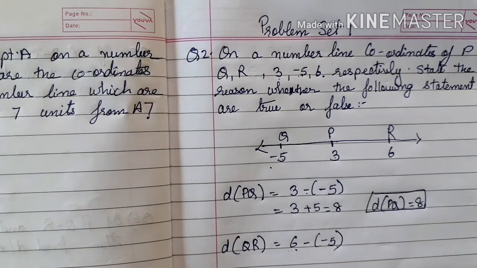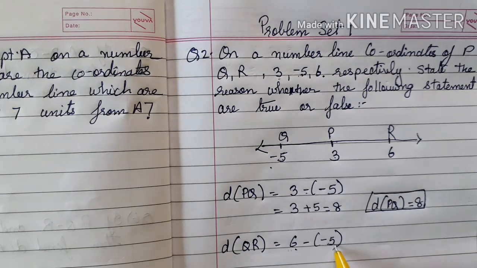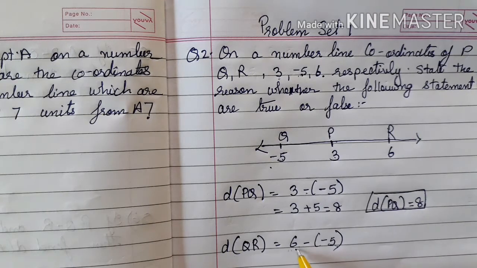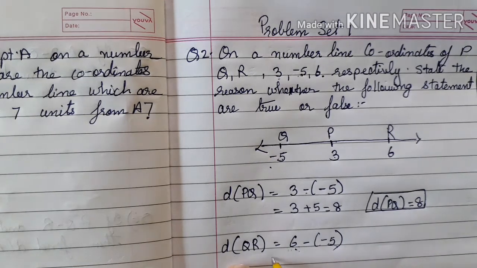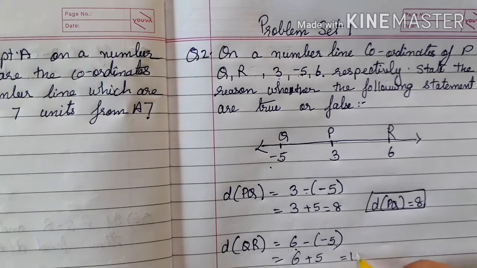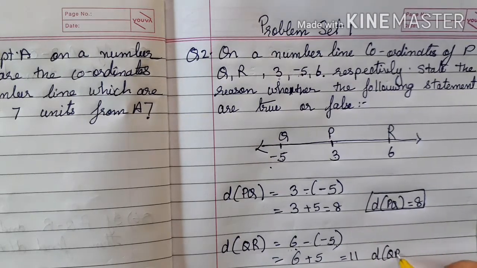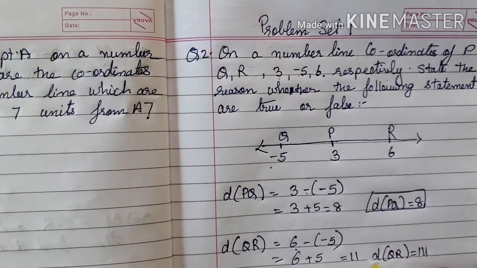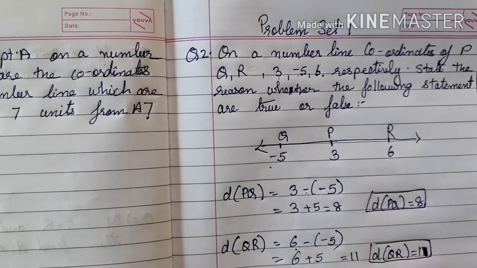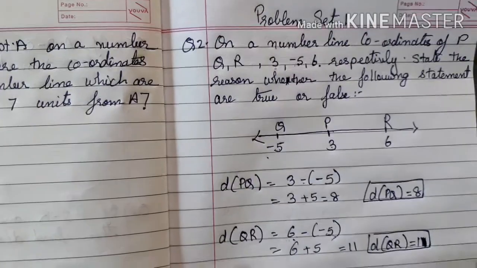Because 6 is greater than -5, so 6 will be coming in the first place. Got it? So minus and minus will give you plus. So 6 plus 5 is supposed to be 11. Distance of QR is equal to 11. Hope you understood how to find the coordinates and the distances between the coordinates.